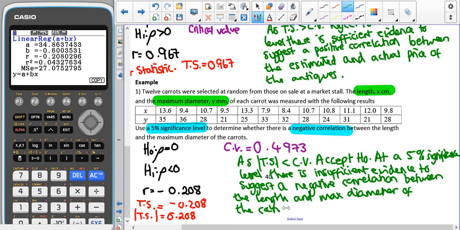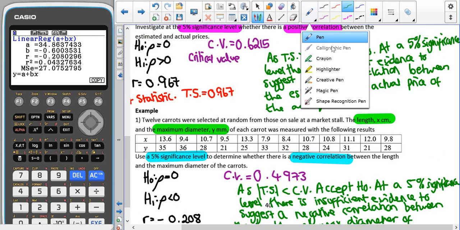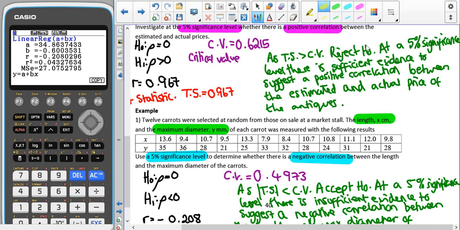So I just want to point out the differences between when we accept H0 and when we reject H0. Firstly, for PMCC, as long as you make it so that both of your comparisons are positive, if your test statistic is greater than your critical value, you will reject H0.